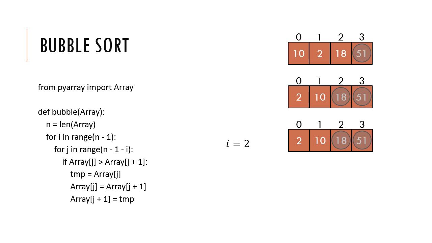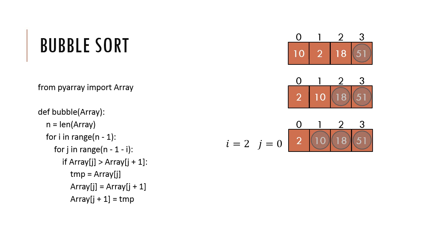We start the third pass. j is set to 0. We compare 2 and 10. No swapping is required. The third pass culminates and the third largest element has bubbled to its correct position.